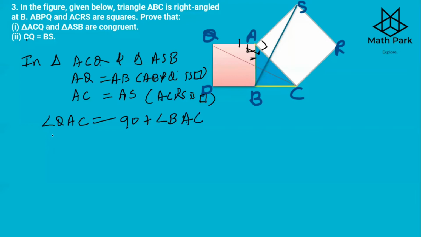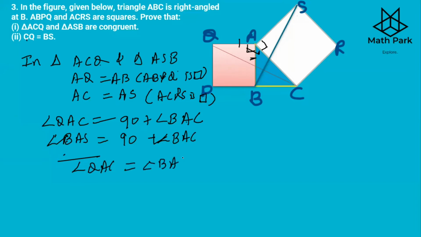And for the other triangle, angle BAS is also equal to 90 plus angle BAC. And therefore you get angle QAC is equal to angle BAS, correct?